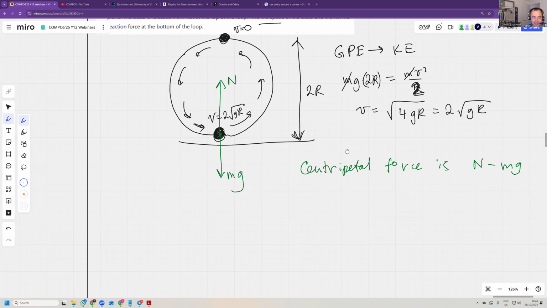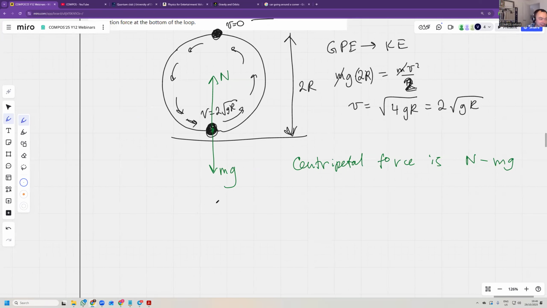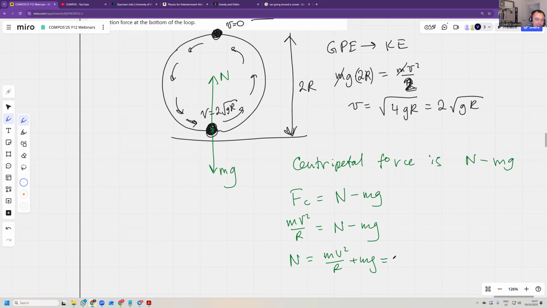Okay. Right. So centripetal force is N minus mg. And centripetal force is mv squared over r, equal to normal reaction minus mg. And therefore, normal reaction force is mv squared over r plus mg.